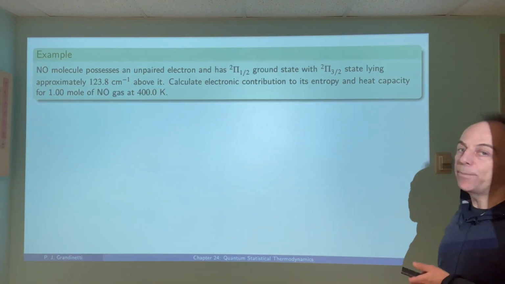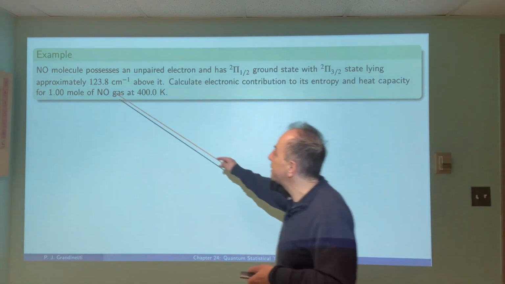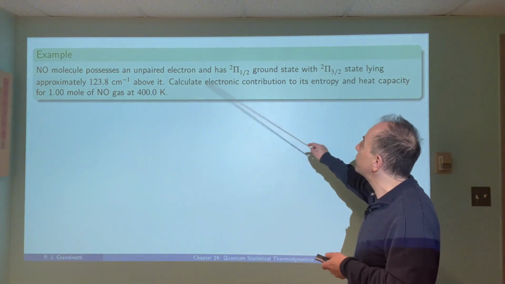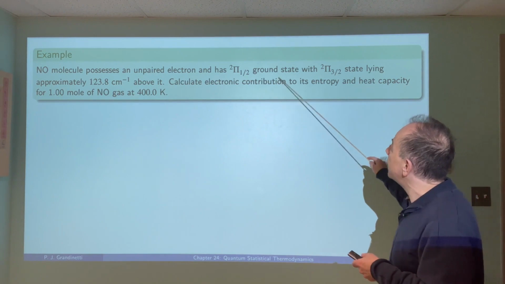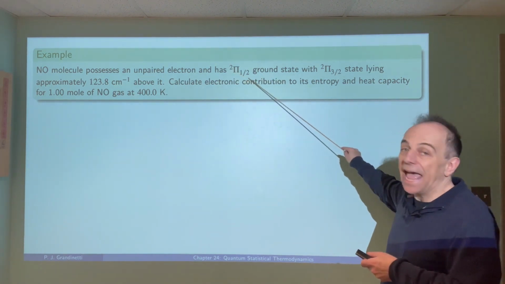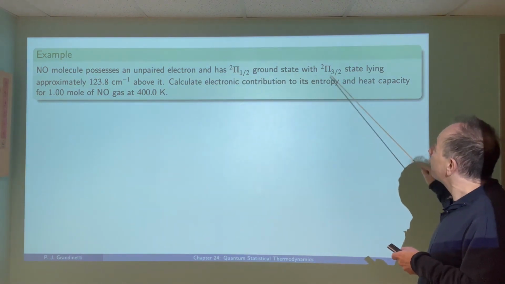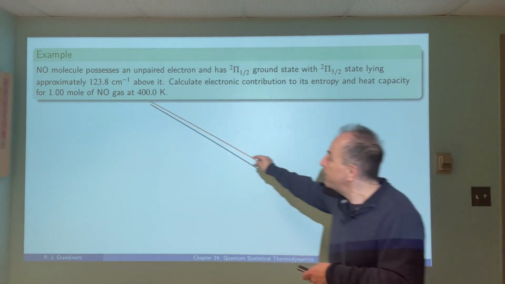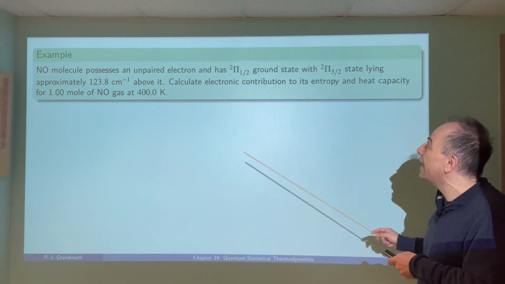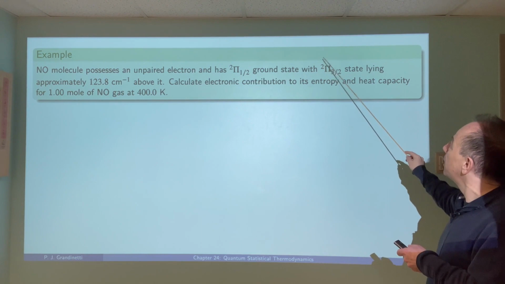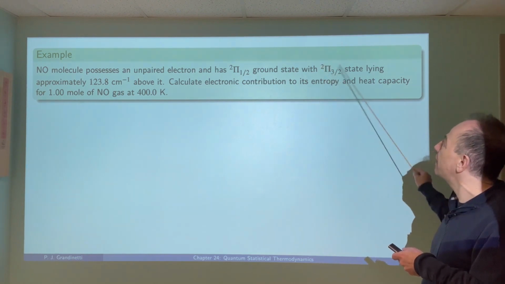Let's look at another example of a molecule. So this is, say, the NO molecule, which actually has an unpaired electron, and it has a ground state that's a doublet pi 1/2, and the first excited state lies even closer, at 123.8 inverse centimeters. It has a term symbol of doublet pi 3/2.